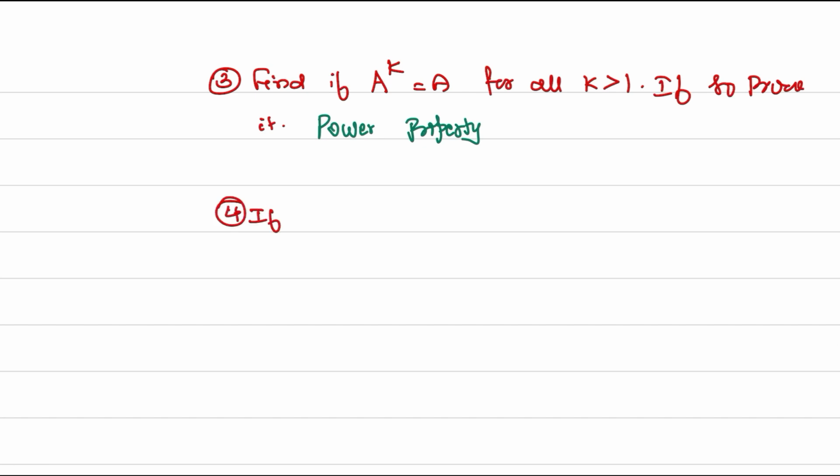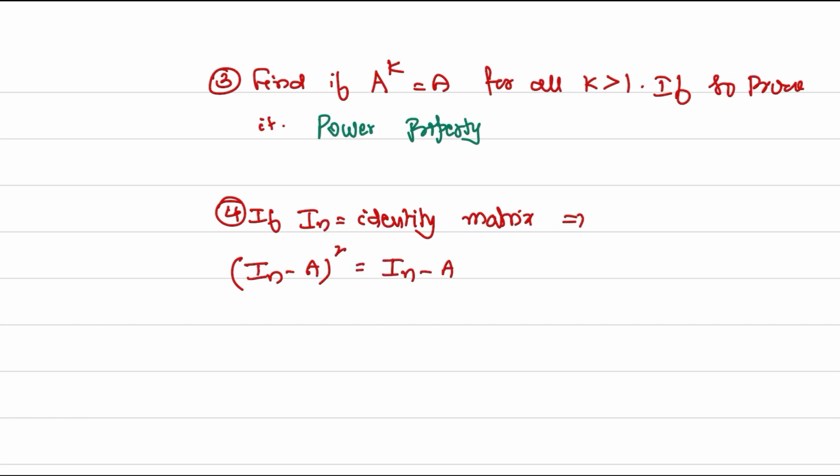If IN is the identity matrix, then IN minus A, this given idempotent matrix, whole squared is equal to IN minus A. Prove this. Is it correct? Prove this.